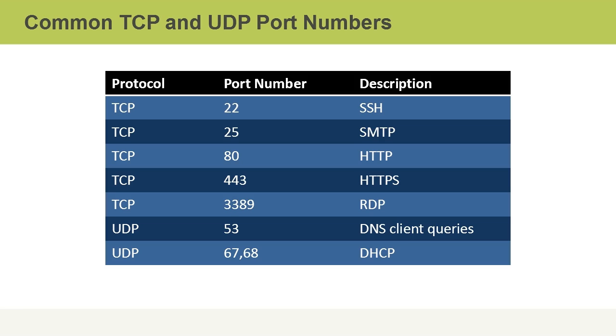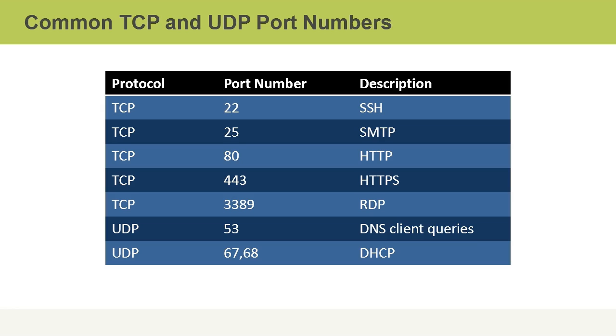Now, if a malicious user scans a network and sees port 25 on TCP, they're going to know that that's SMTP, and they might probe that further to discover the type of mail server you're running and then find vulnerabilities for it. So, on TCP, port 22 is for SSH, Secure Shell, which is used as a secured remote administration command line tool. Port 25 over TCP is for the Simple Mail Transport Protocol for transferring mail between mail servers on the internet.